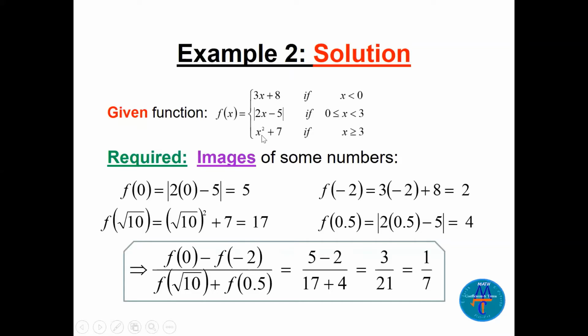So I use it here, x squared. So we square this one here plus 7. So that's 17. And then f of half, where is the half? Half between 0 and 3. So I put 2 there times the half minus 5. Put the numbers in the expression we need, you get 1/7. You can check the numbers, please.